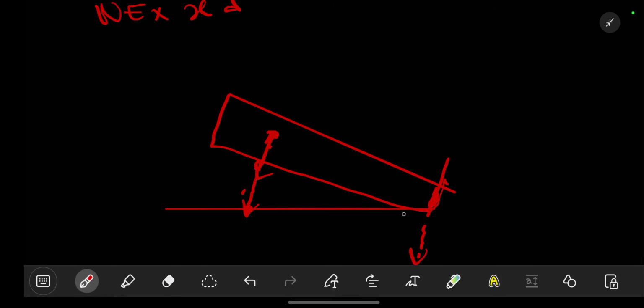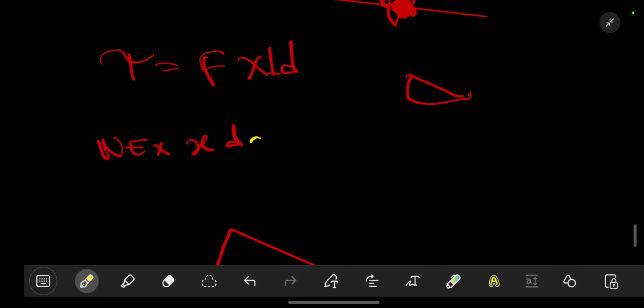After you do that, you look at the separating distance, from here up to here, and the angle is here. Since the separating distance is the base of the angle, you use cos. So we say d cos of theta.